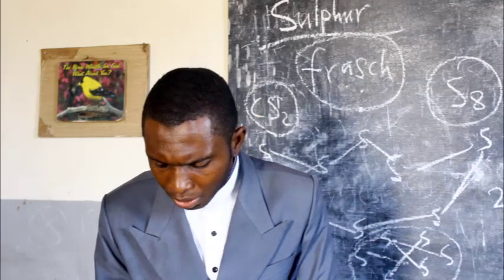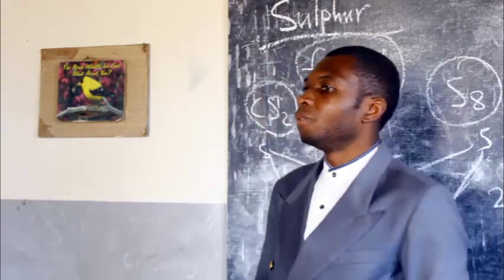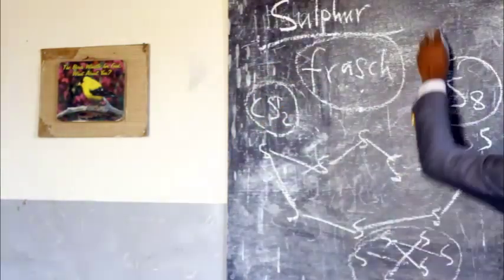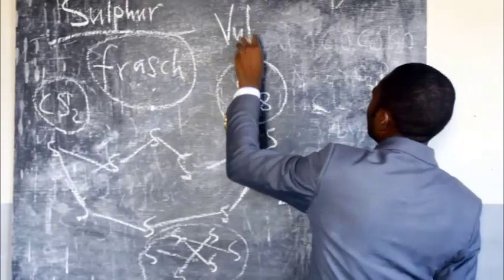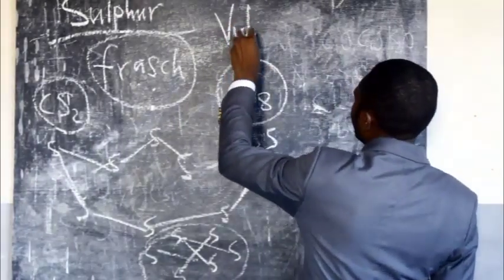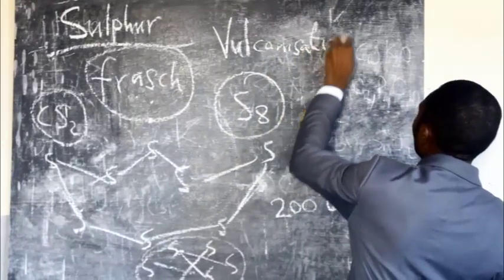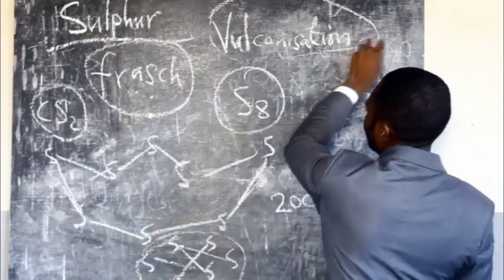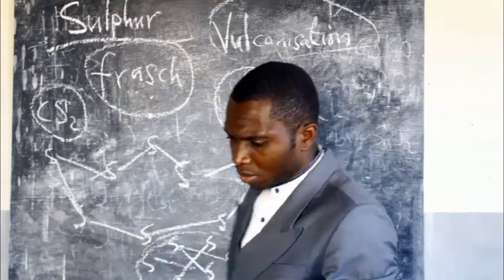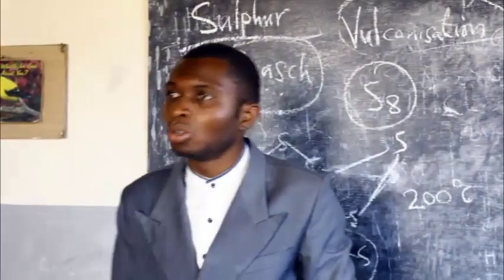But before then, let's talk about the use of sulfur. Sulfur is used chiefly in vulcanization. What is vulcanization? It is the hardening of rubber through cross linkage.